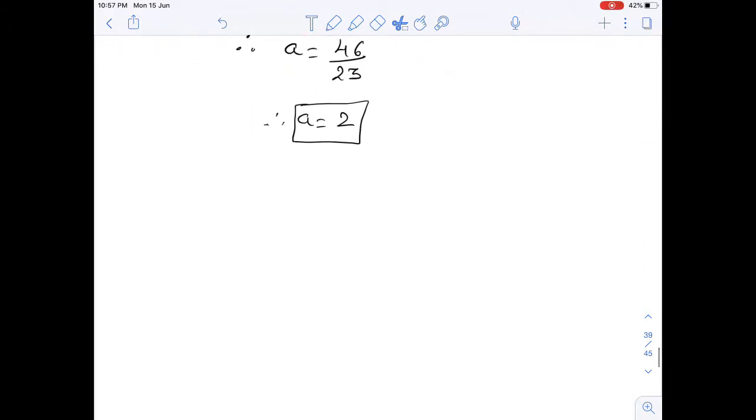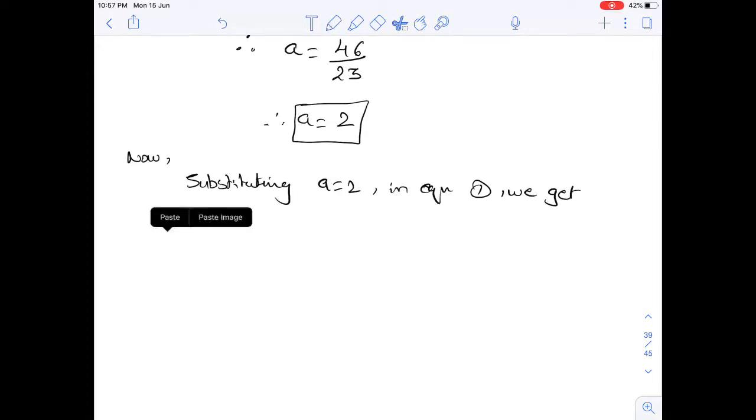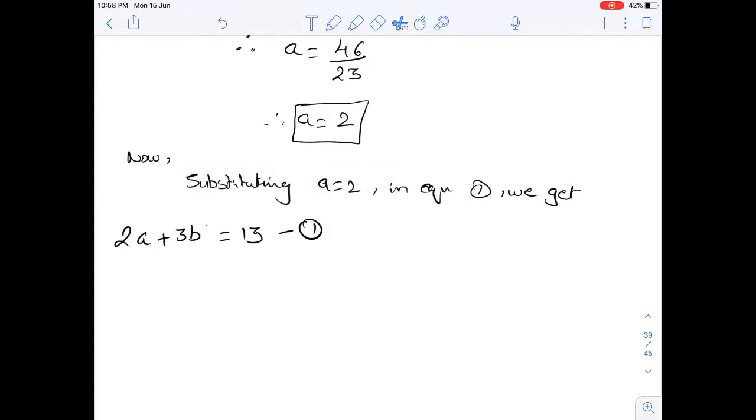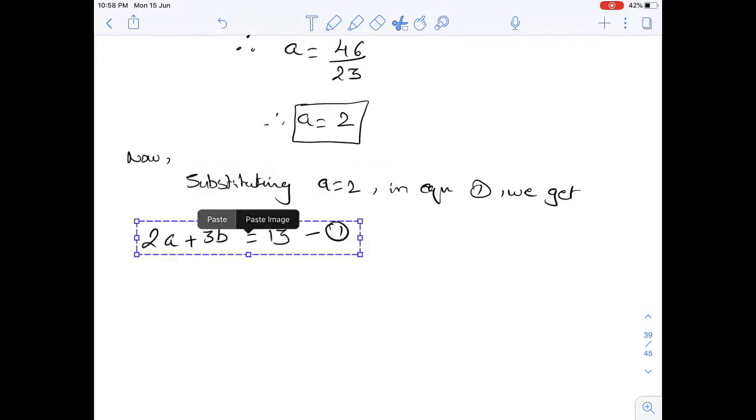Substituting a equals 2 in equation 1, we get, first we have to write what equation number 1 is. So our equation number 1 is 2a plus 3b equals 13.